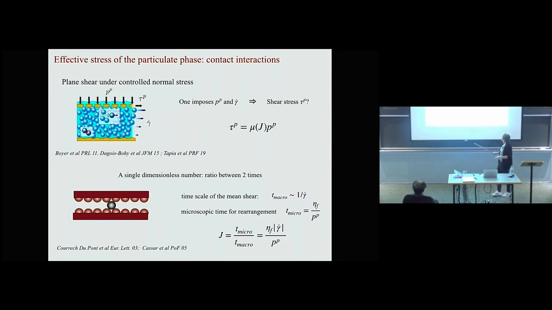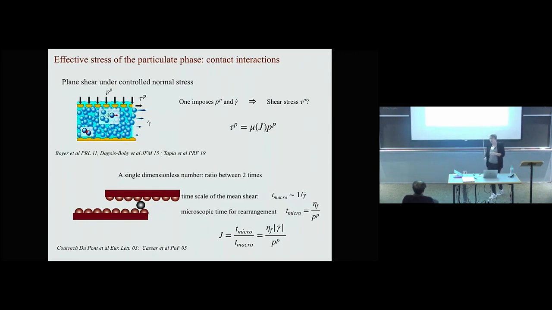It depends, in fact, on a single dimensionless number, which can be interpreted differently, as two stresses or two times. Here I show you an explanation with two different times. If we look at this little sketch, you can see that, considering this particle, there are two typical times. The first is a macroscopic time, which comes from the shear rate.